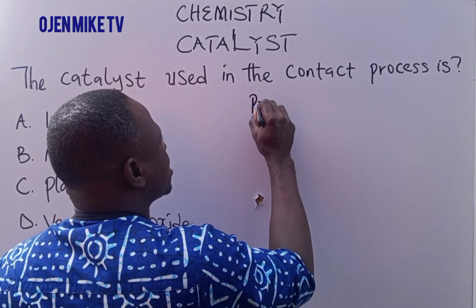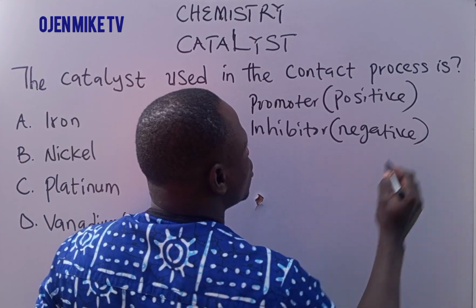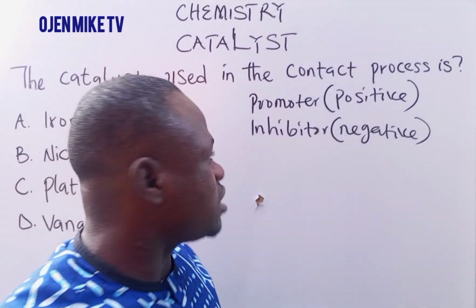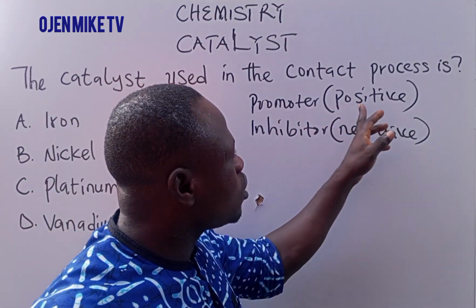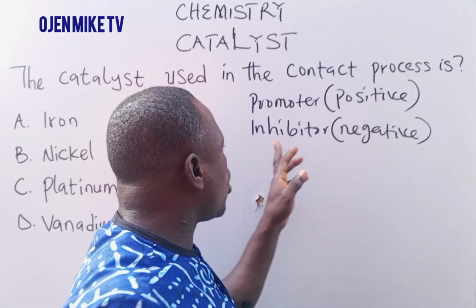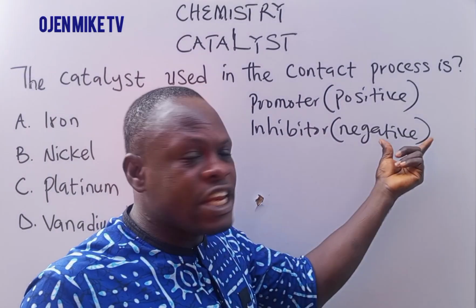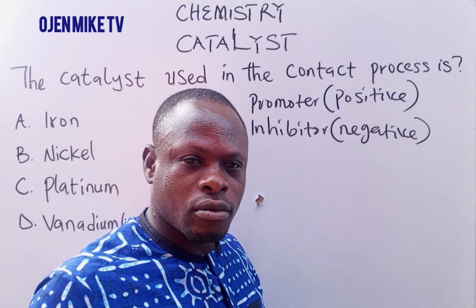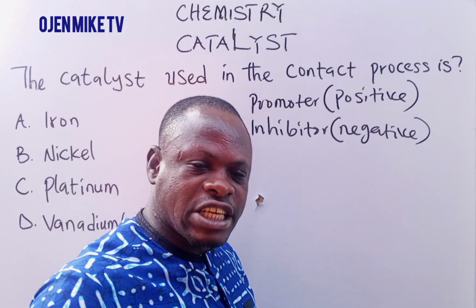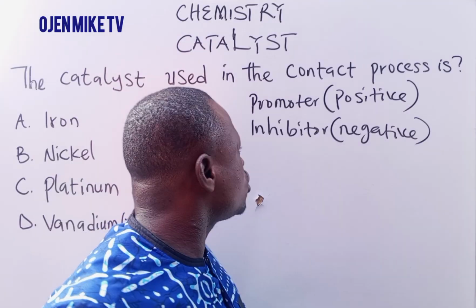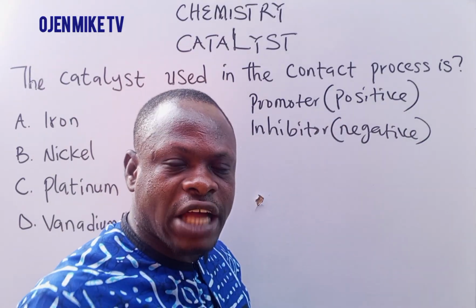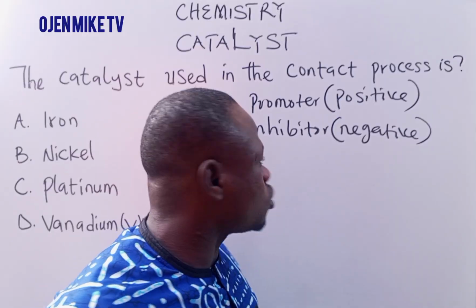We have promoter, positive catalyst, or inhibitor, called a negative catalyst. Are you following? A catalyst that speeds up the rate of chemical reaction is called a promoter. A catalyst that slows down the rate of chemical reaction is called an inhibitor.